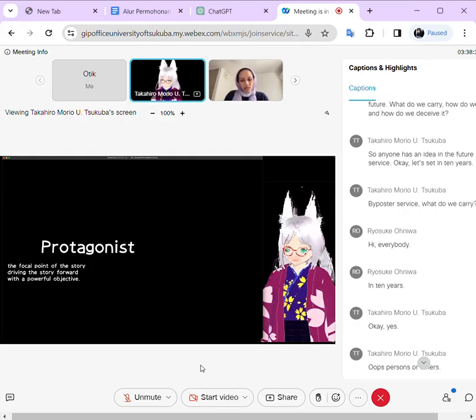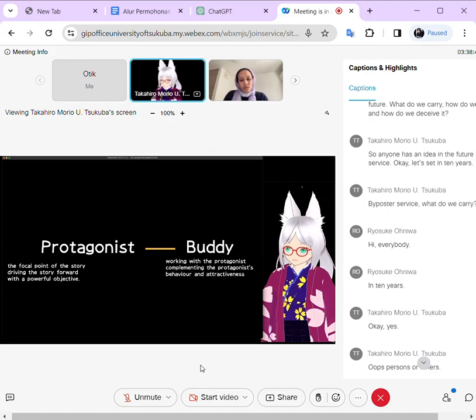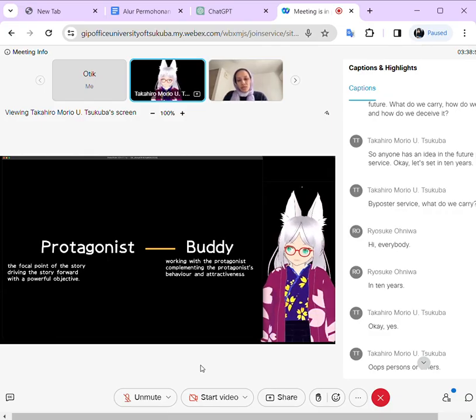And then he or she will make an effort to do it. The second is the buddy. The buddy works with the protagonist, complementing the protagonist's behavior and attractiveness.